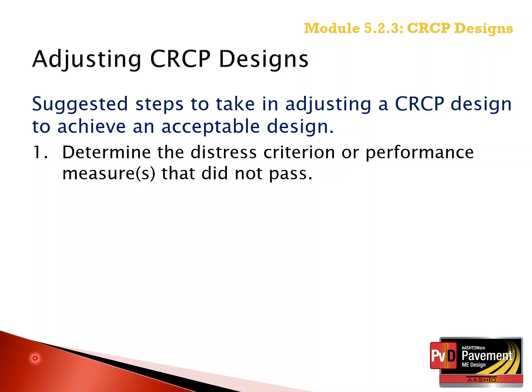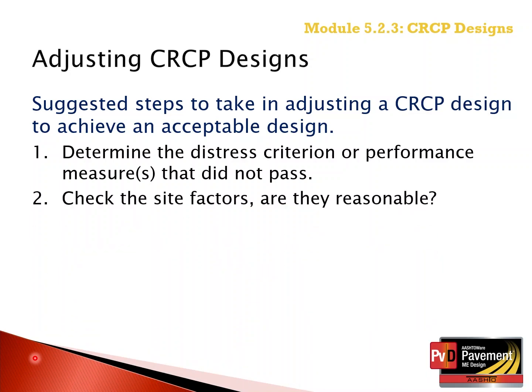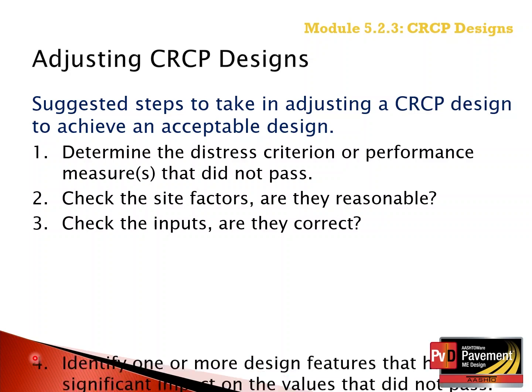In other words, for CRCP, is it the number of punch-outs per mile or is it the IRI? Second is to check the site factors and confirm that they are reasonable and an accurate representation of the site for the CRCP pavement. The third is simply to check the inputs to confirm they are correct. In other words, we haven't made a blunder as part of the inputs.